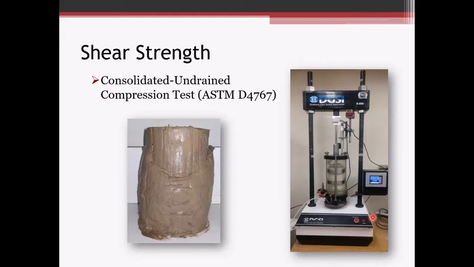This test is going to take a little bit more time to complete because of the consolidation process. And this can be run on, again, Shelby tubes or remolded in the lab to determine the undrained shear strength. This will also determine the effective shear strength as well, because with this test, the pore pressures can be measured as the test is being performed.